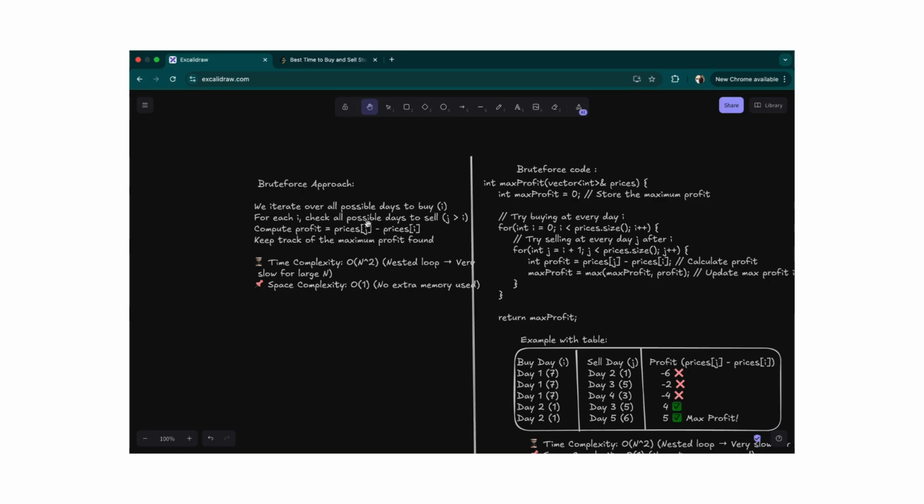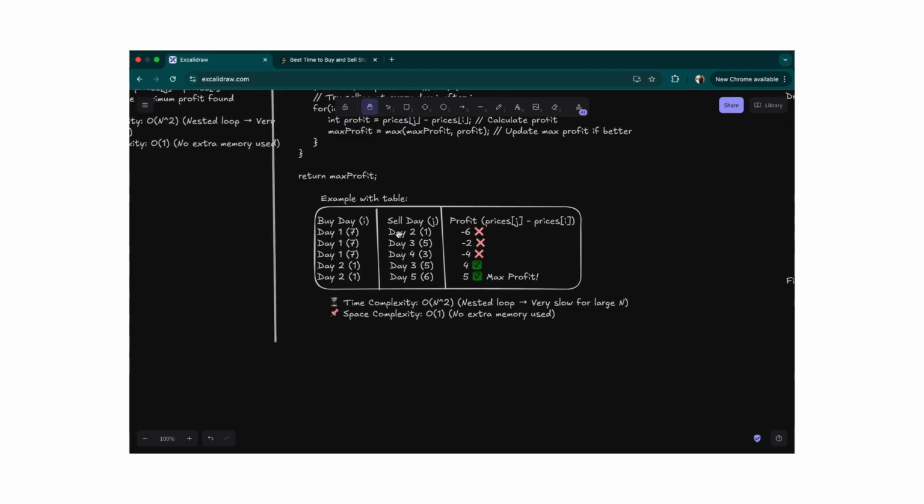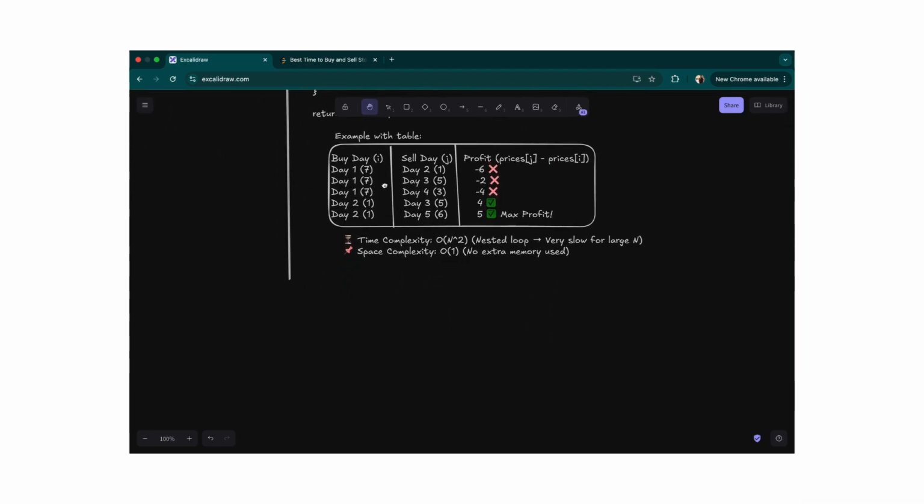Okay, so we have to compute the profit, that will be prices of j minus prices of i, and then we need to keep track of the maximum profit found. So basically let's understand with an example table, then we will be referring to the code above. So i will be the buy day and j will be the sell day, and the profit we need to calculate is by subtracting the price of i from the price of j.